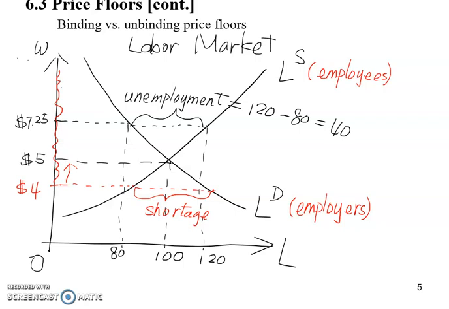Remember, $4 and above are all legal, so the equilibrium point is achievable.